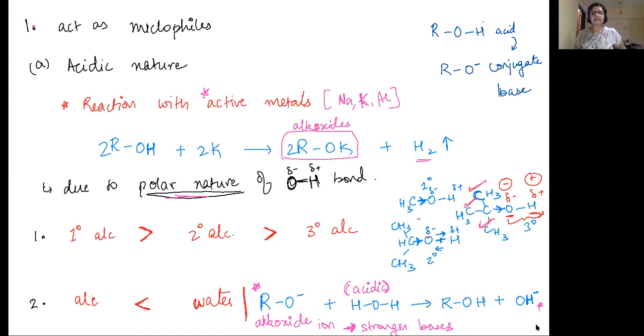All right, then let's look at the acidic nature of phenols. Now the structure of phenol. Okay, we have discussed that phenols are more acidic as compared to alcohols.